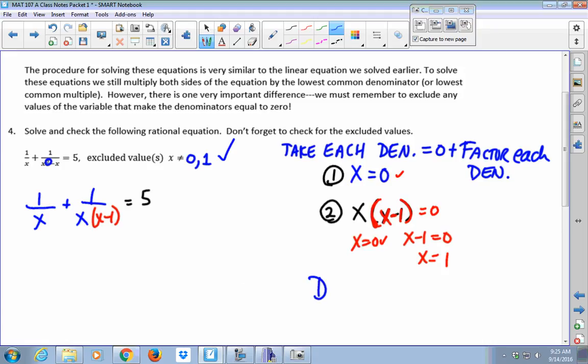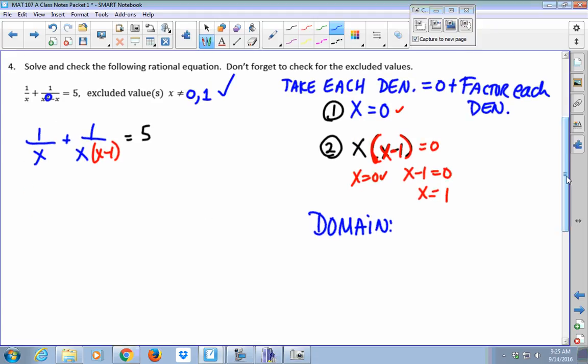If I asked you how I would represent the domain for this equation, you could use set builder notation and say it's the set of every real number x, such that x cannot equal 0, x cannot equal 1.